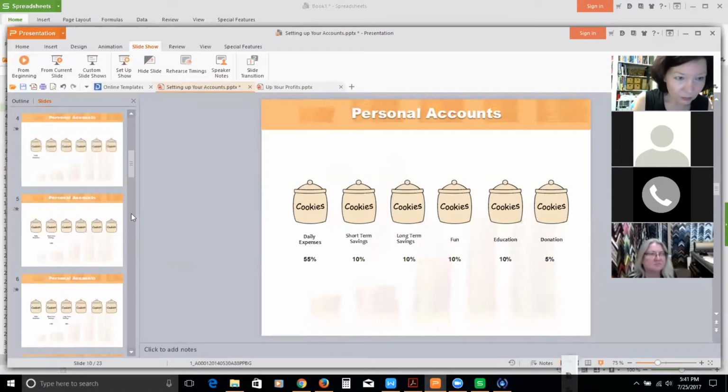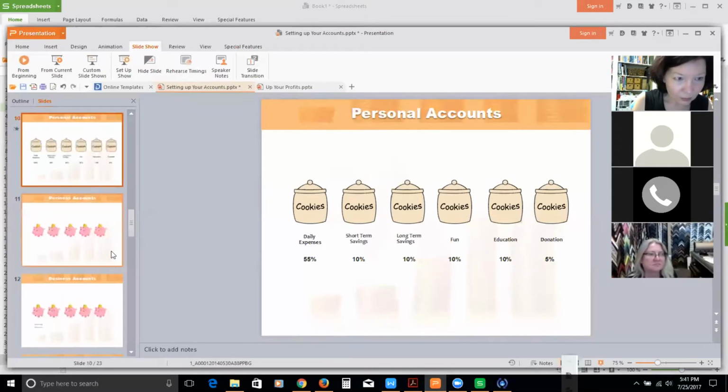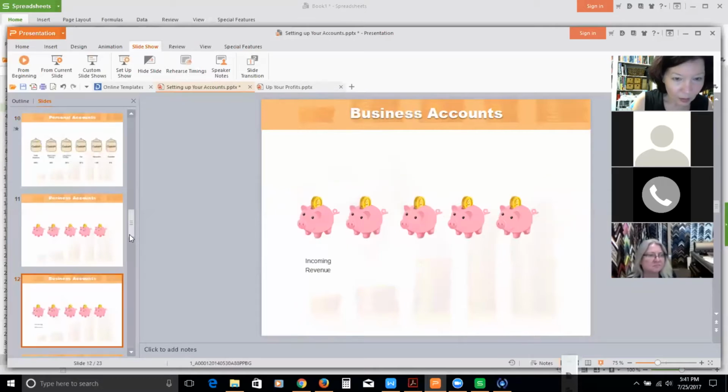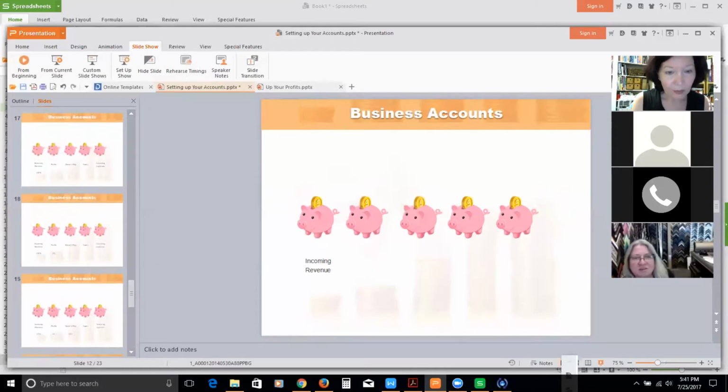Create the business income checking account, I guess, for incoming revenue. Yes. And then what would be the next step, if you're starting from not very much income to start with, but I do need to separate business and personal?